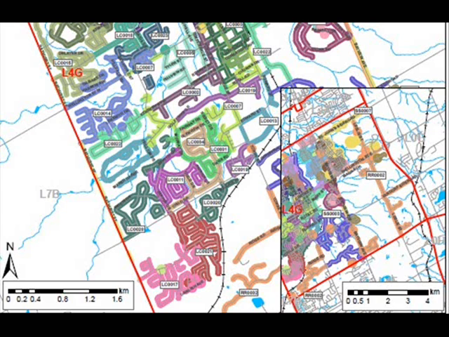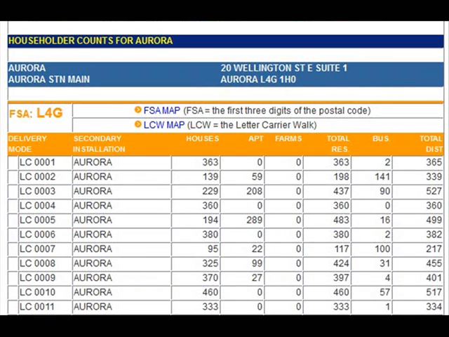So if you're trying to cover an area where people come to your store, look on the map and mentally draw a circle around a couple of kilometers and start writing down the walk routes for each carrier in that area. Now usually they are marked with a different color, and you'll also find that sometimes Canada Post has those walk routes marked online in their unaddressed ad mail maps section.